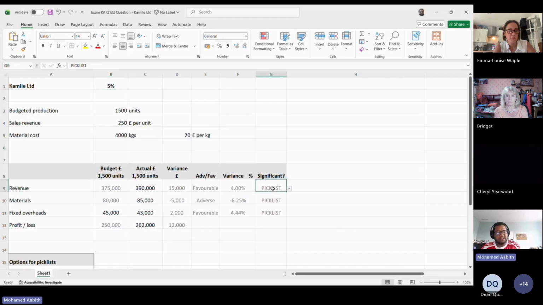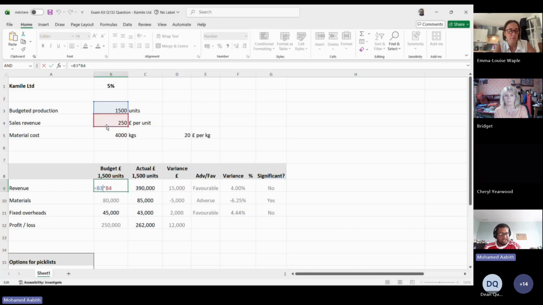So in that case, let me say here, pick list. This one is no. Materials, this is yes. And this one is no. Can you notice that here? In the exam, you just have to do it manually if you ever get one this way. Okay, so the formulas here are simple. You have to use the target cells.